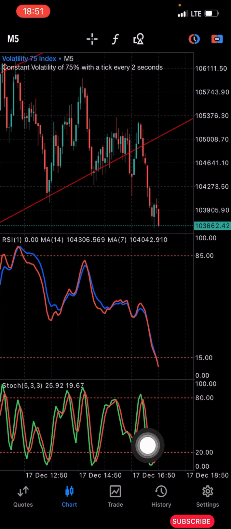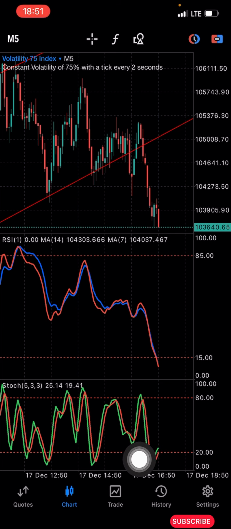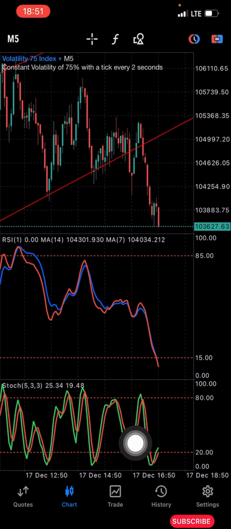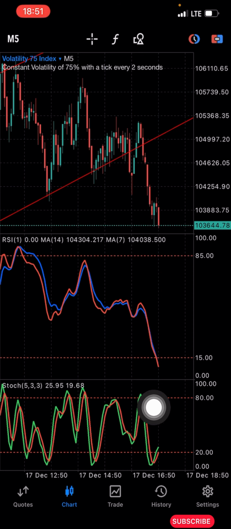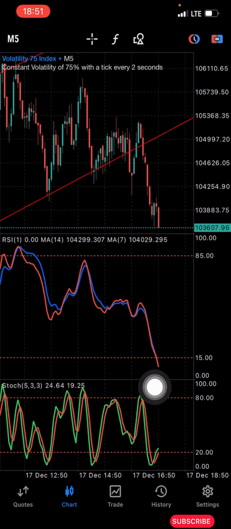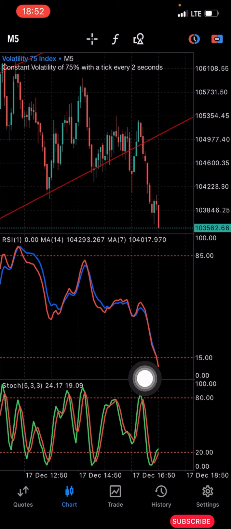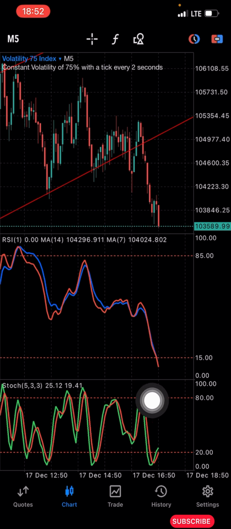The 5-minute condition is that you want to see this red and blue line get to the 80 level. Once it's at the 80 level, you want to see the green line crossing below the red. Once that crossing happens, you go in for your sell. This is a sell condition.